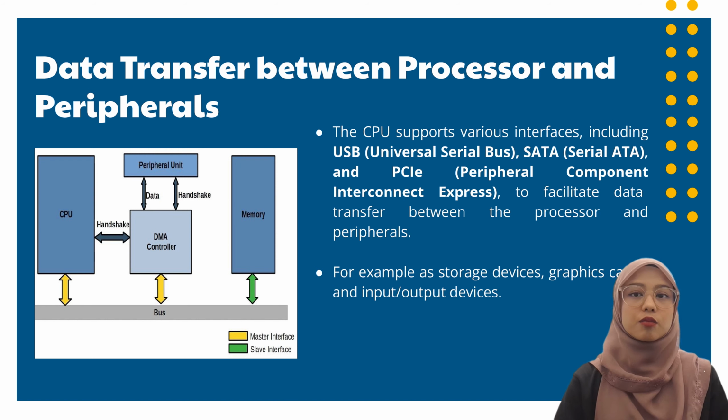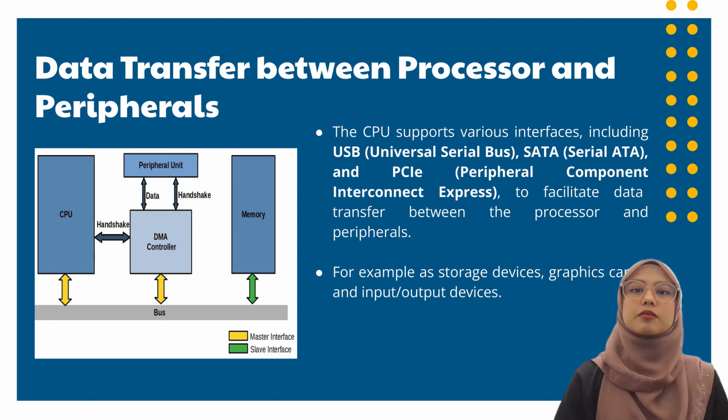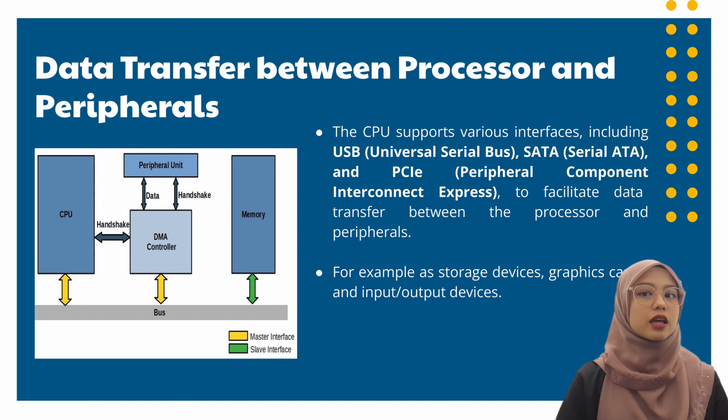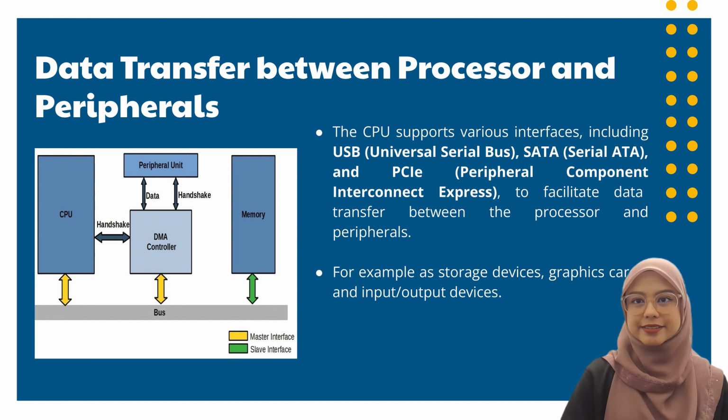Additionally, the Peripheral Component Interconnect Express, PCIe, interface is utilized for connecting high-performance components like graphics cards, network adapters, and other expansion cards, enabling faster data exchange and enhanced system performance.